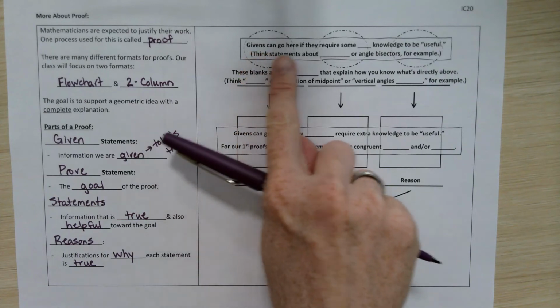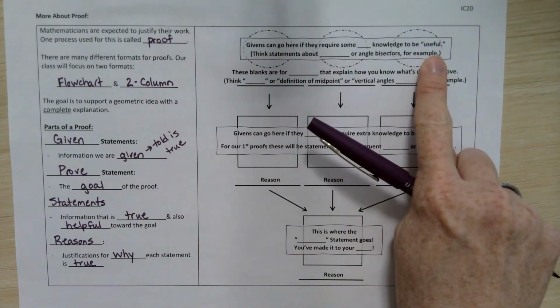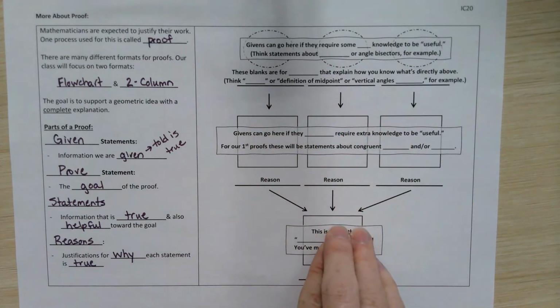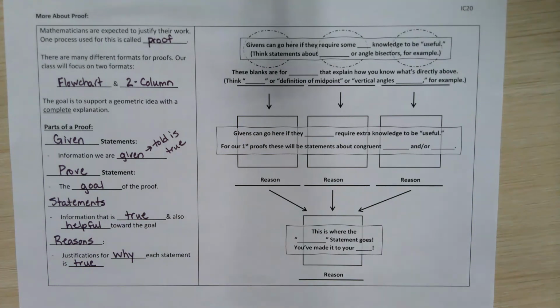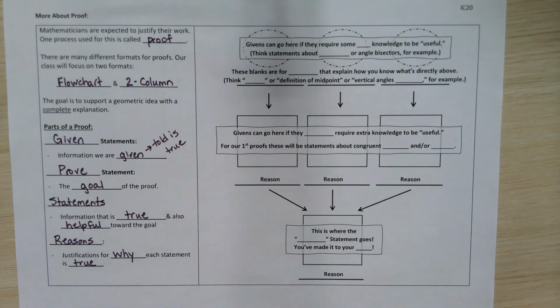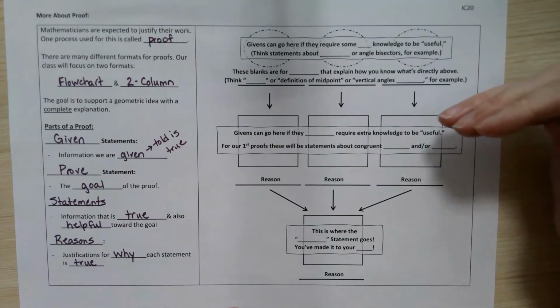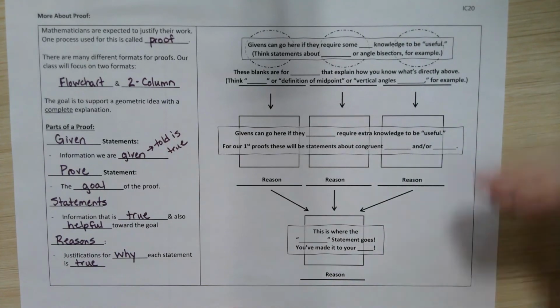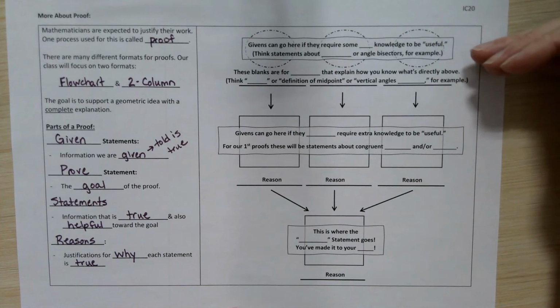You'll notice that this proof has a series of bubbles up top, and then it's got the three rectangles, and then it's got the proof statement rectangle. That's because some proofs are more complicated than the ones that we just did, but we're starting basic. So we're just focused on proofs today that are from here below, but when we move to the more difficult proofs, you'll need some space up top in the bubbles.